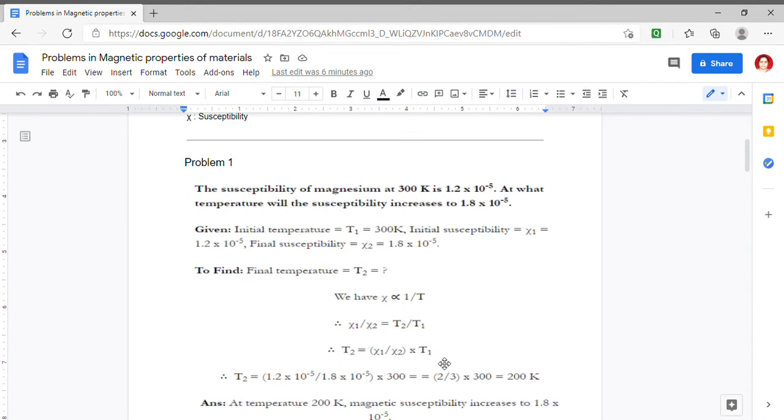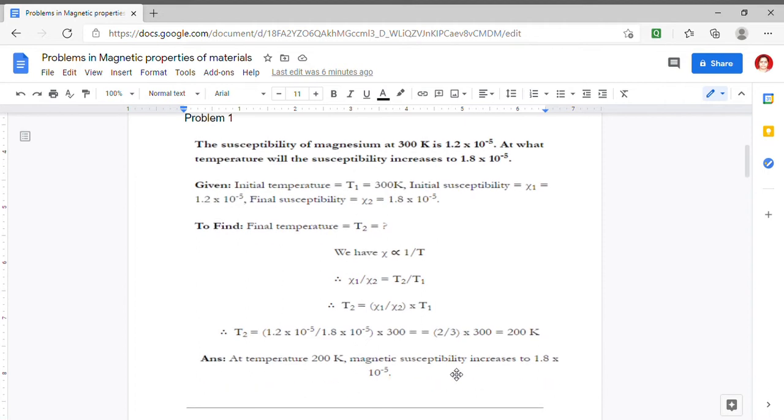Substituting the given parameters, that is chi1 which is 1.2 into 10 raised to power minus 5, chi2 which is 1.8 into 10 raised to power minus 5, and the initial temperature T1 being 300, we have the final temperature T2 equal to 200 Kelvin.